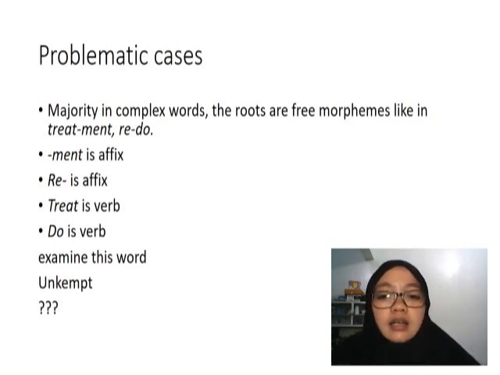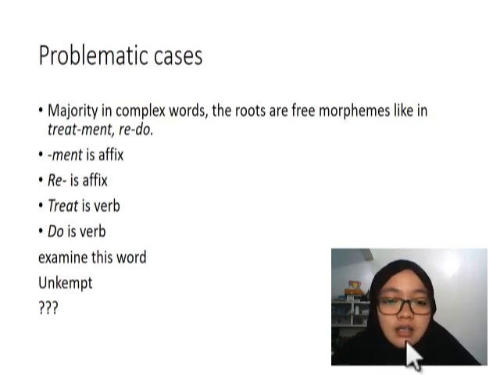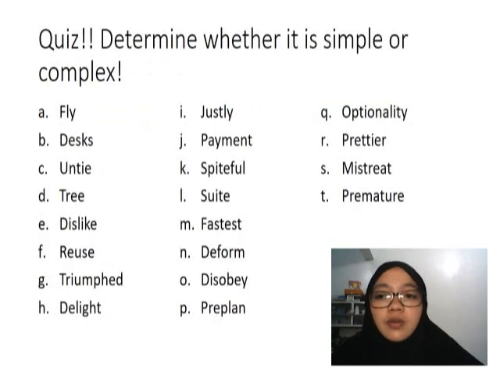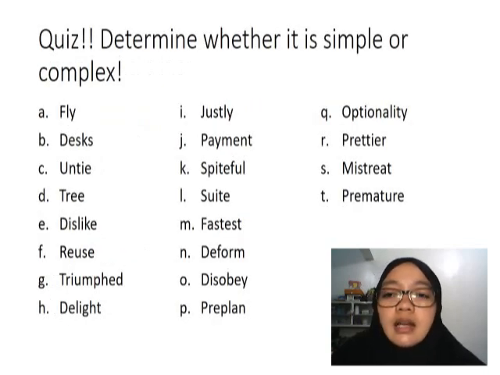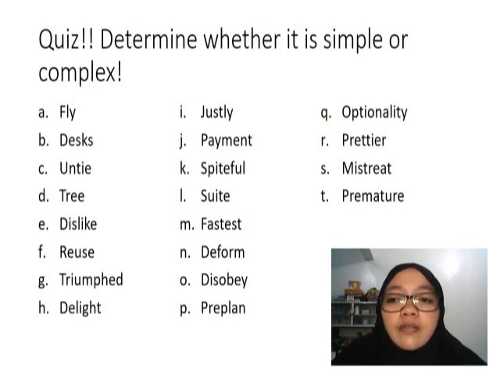Okay, now I have an exercise for you. This is the activity where you should determine whether a word is simple or complex. I have the words fly, desk, untie, tree, dislike, reuse, triumph, delight, justly, payment, spiteful, should, fastest, deform, disobey, preplan, optionality, prettier, mistreat, and premature.